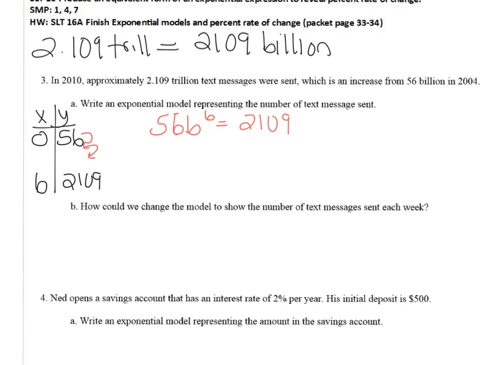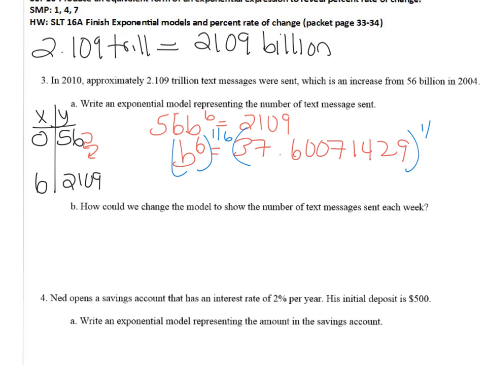Now divide both sides by 56. Be careful that your 6's don't look like b's like mine. And now to solve for b, we're going to raise both sides to the 1/6. So b is 1.830.